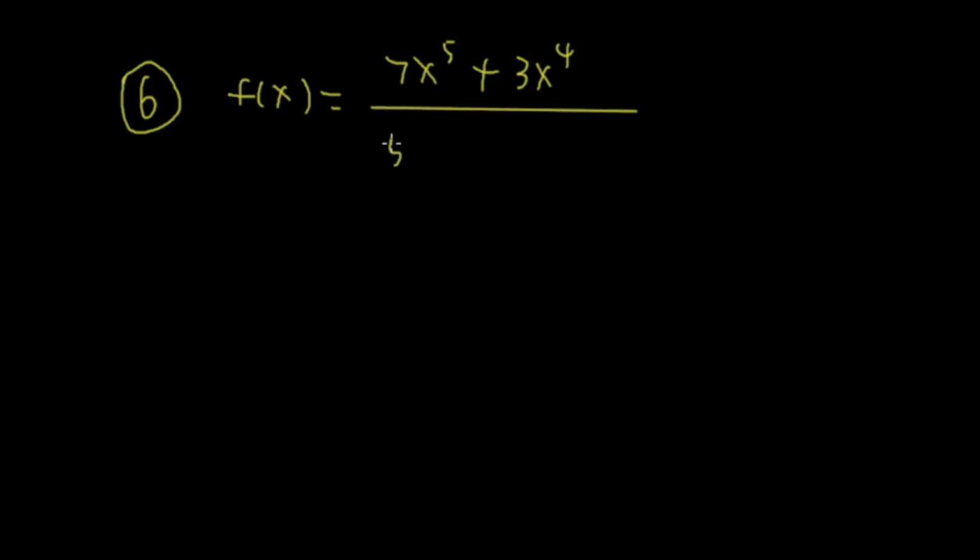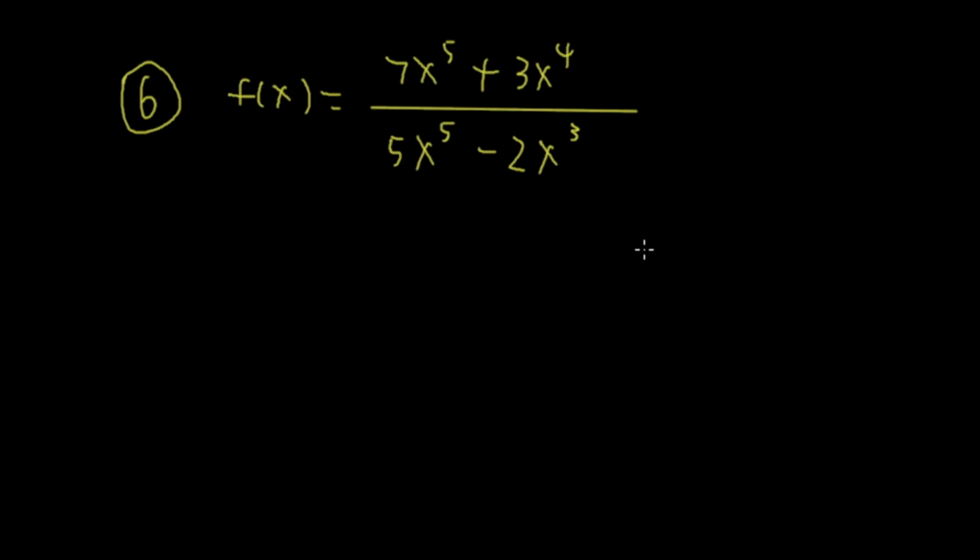Let's say f of x is equal to 7x to the 5th plus 3x to the 4th, divided by 5x to the 5th minus 2x cubed.